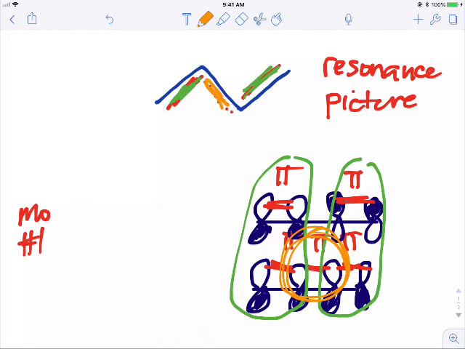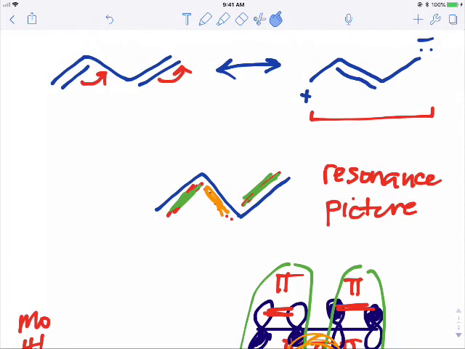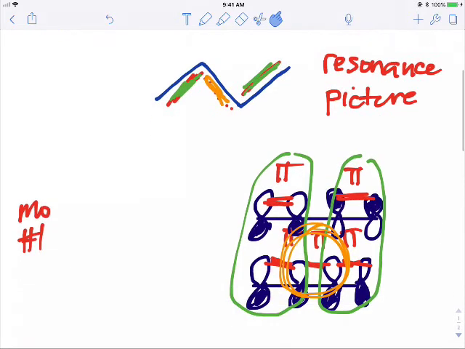So really, the notion that resonance gives us, that we've got more pi contribution from our structure on the left and less pi contribution from the structure on the right, also matches the molecular orbital picture, which says that we have more contribution from pi bonds between 1 and 2 and 3 and 4, and a little bit of contribution from the pi bond between 2 and 3.